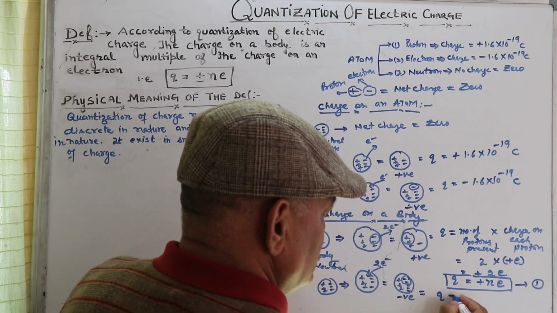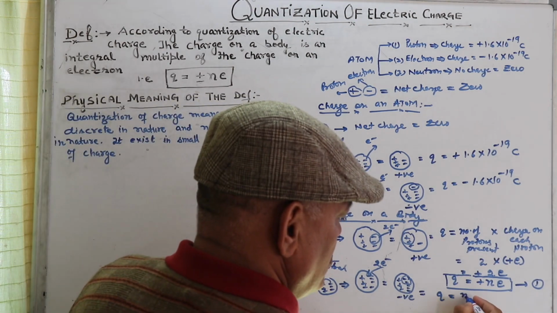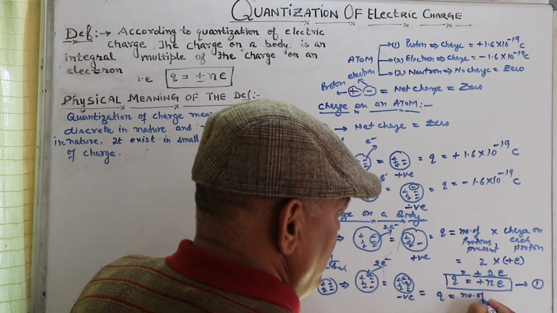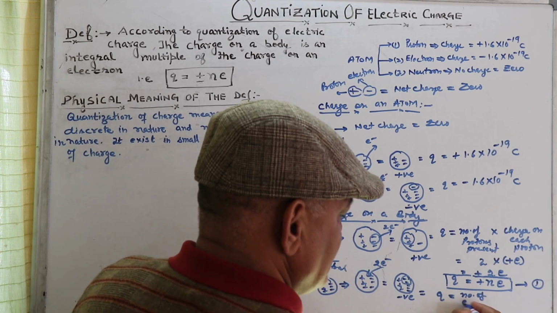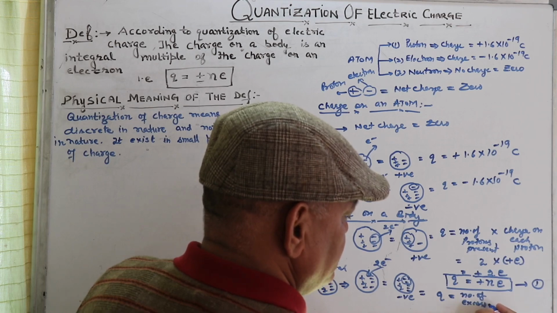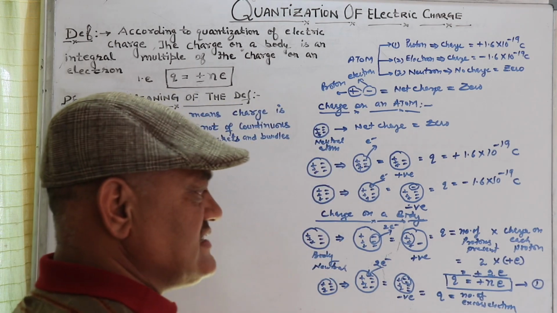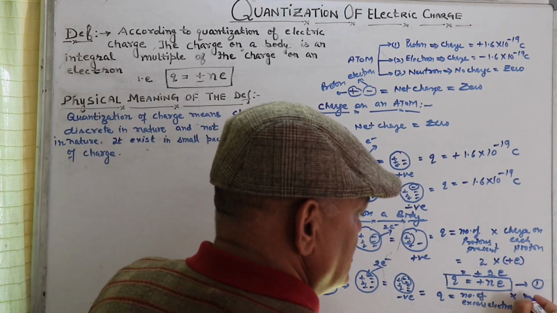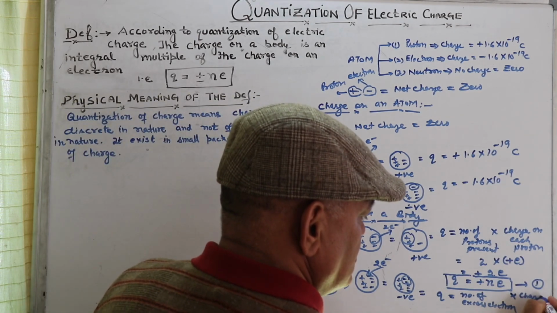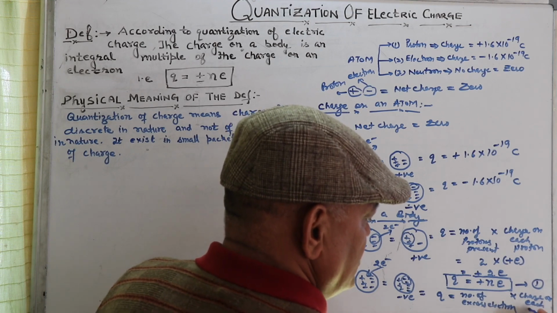So the negative charge on this body is Q, and Q is equal to the number of excess electrons into the charge on each electron.